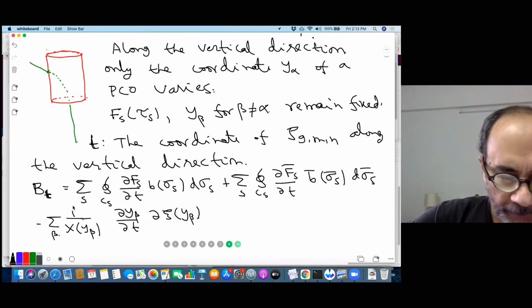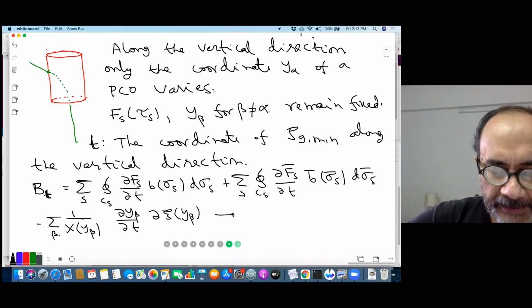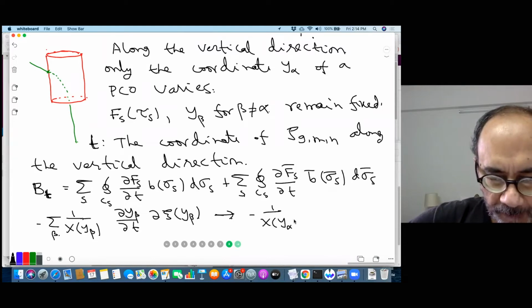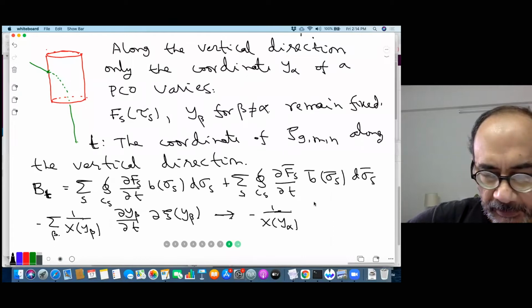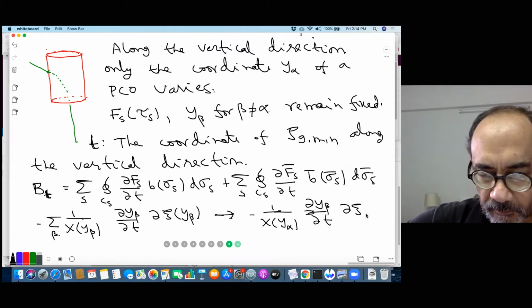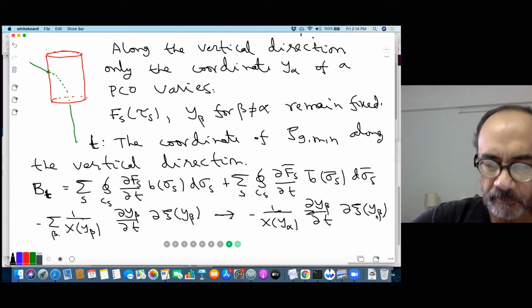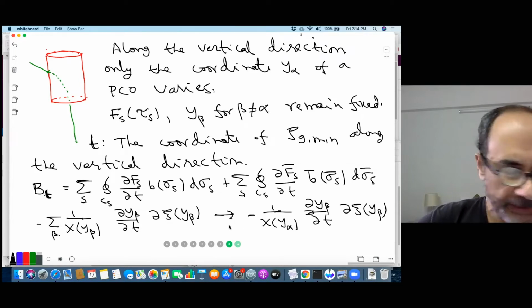In this case only one contribution survives, when beta equals alpha. This becomes minus 1 over chi y alpha. So this is B_t.